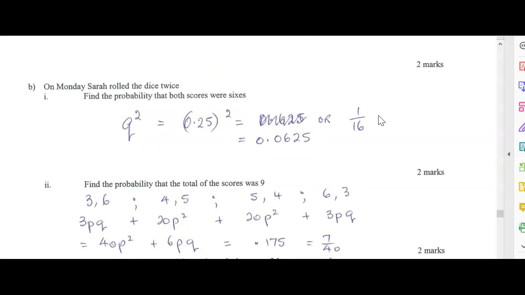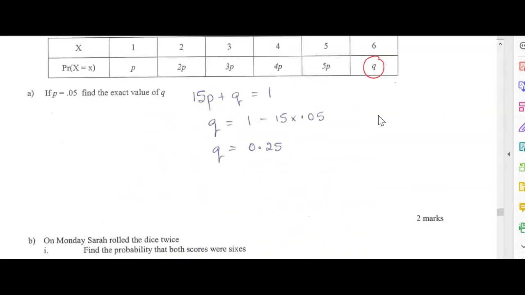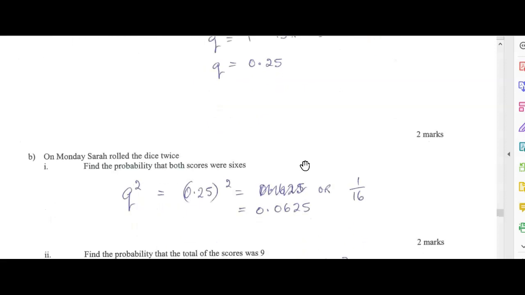Part B, on Monday, Sarah rolled the die twice. Find the probability that both scores were 6s. So if it helps, you can go ahead and just put the actual probabilities in there. We saw that Q is 0.25.